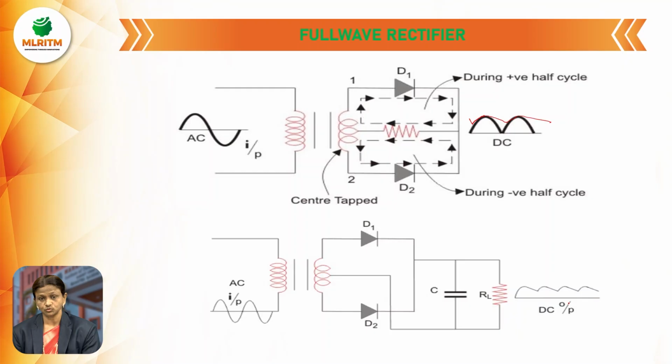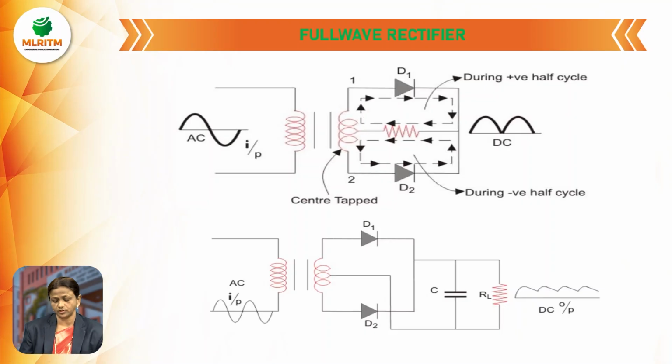It is very close to pure DC, which is just a straight line. That means ripples are reduced, so the unwanted AC component will be reduced if you connect one capacitor parallel to the load.